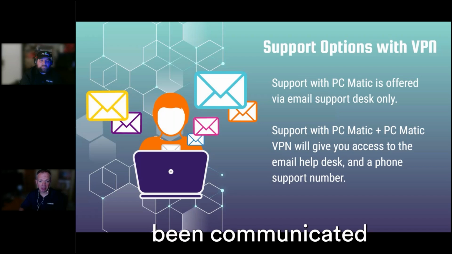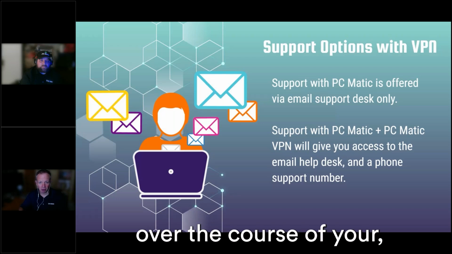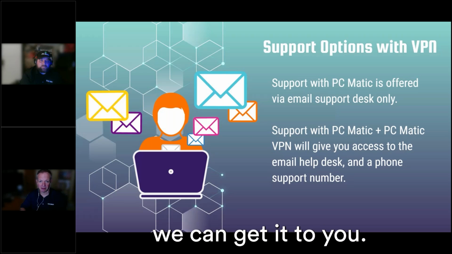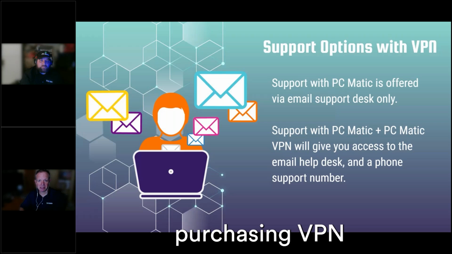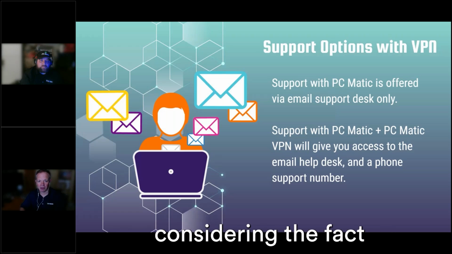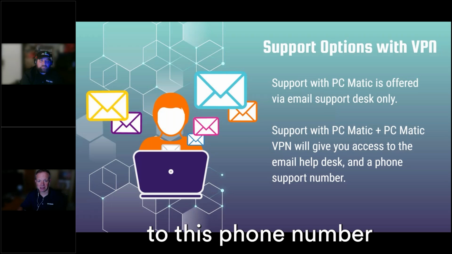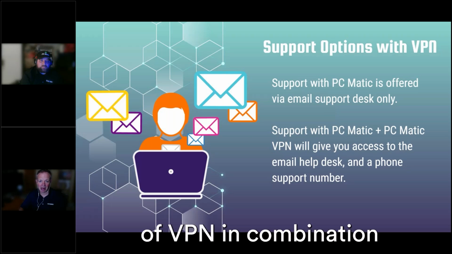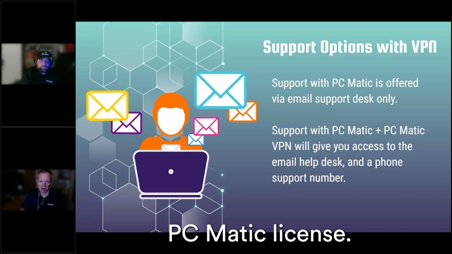It should have been communicated to you over the course of your license or your time with us. If you don't have that number, we can get it to you. If you're considering purchasing VPN and don't currently have it, it's definitely worth considering that you get access to this phone number as part of that purchase of VPN in combination with your current PCmatic license.